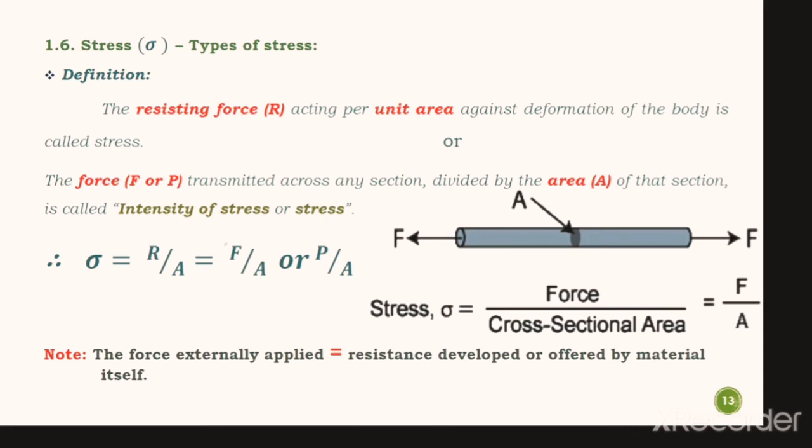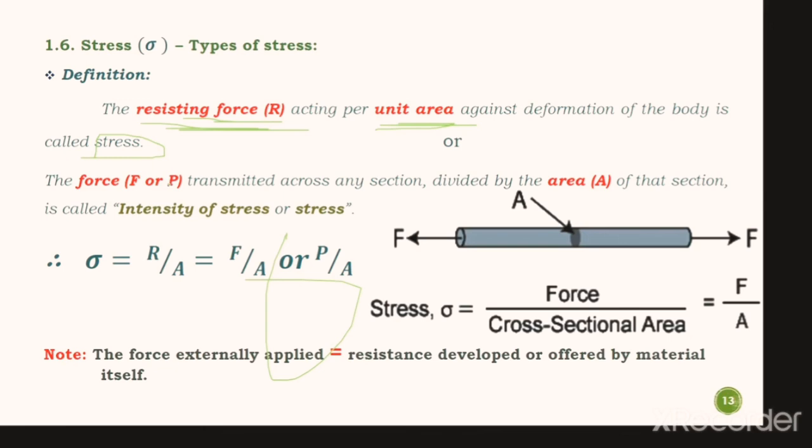If you see this slide, resisting force per unit area. Okay, resisting force divided by area is nothing but stress. But I said earlier to you, the resisting force is actually equal to the force you applied, కదా?